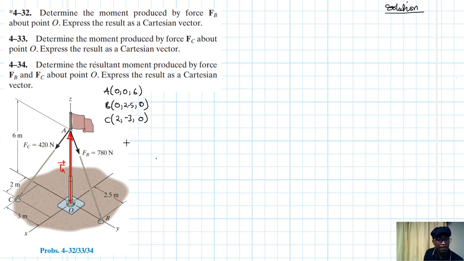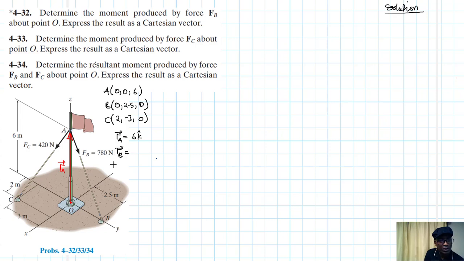Okay, let's find RA. RA is just going to be equal to 6K. Let's find RB. We need all of these.